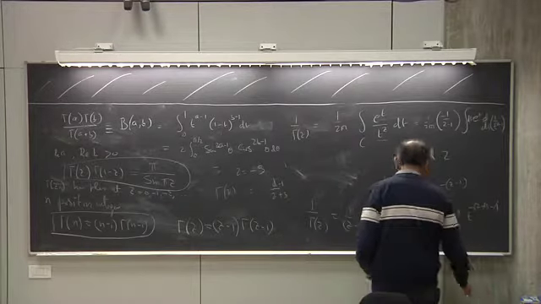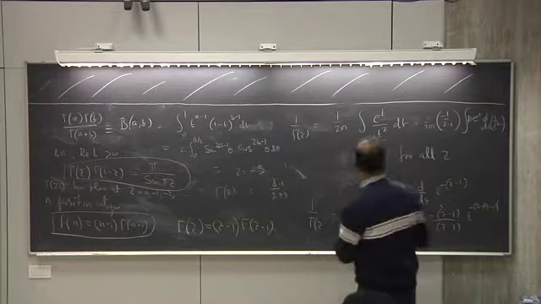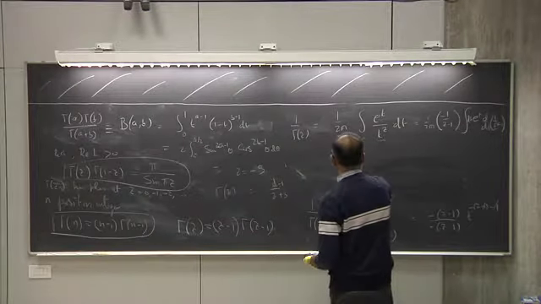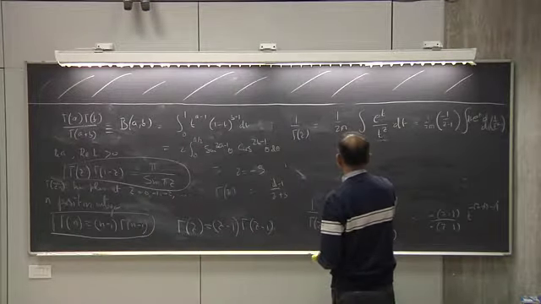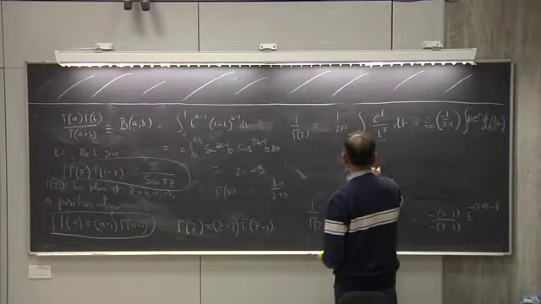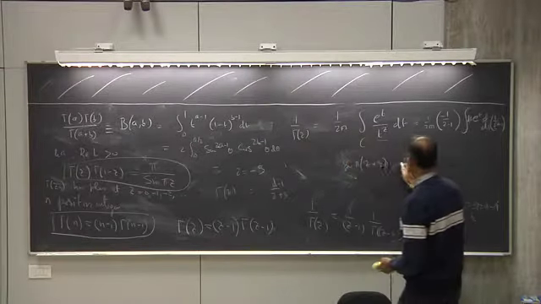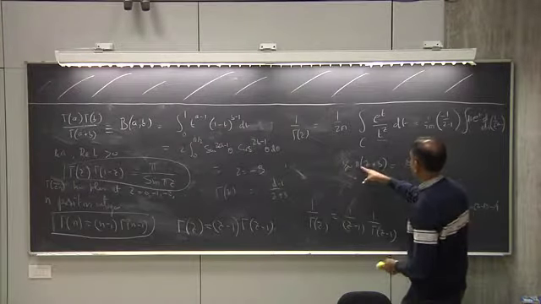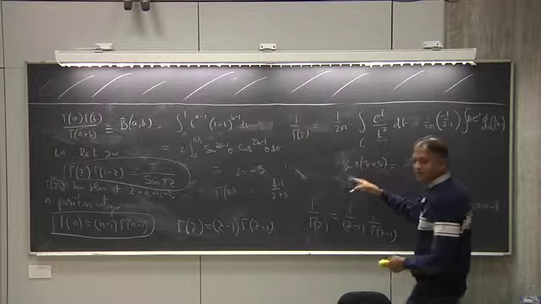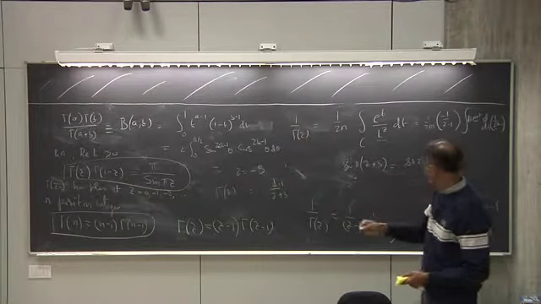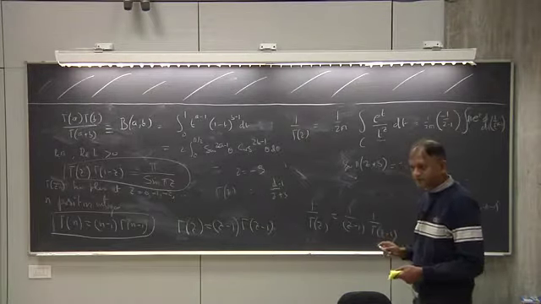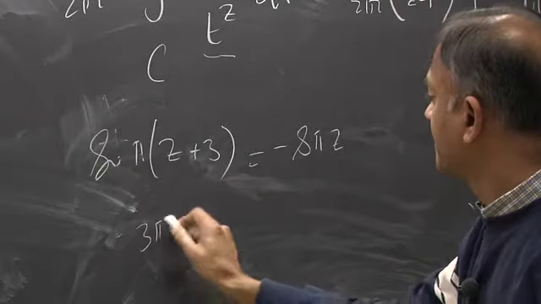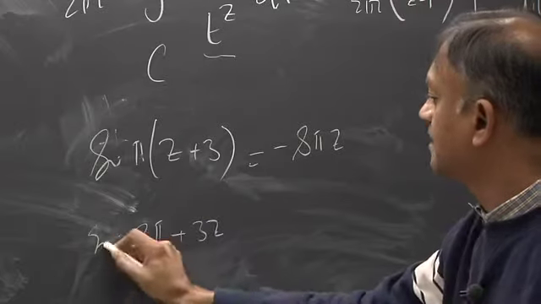So let's write it in this way. Sine of pi times z plus 3 is the same as sine of 3 pi plus pi z.